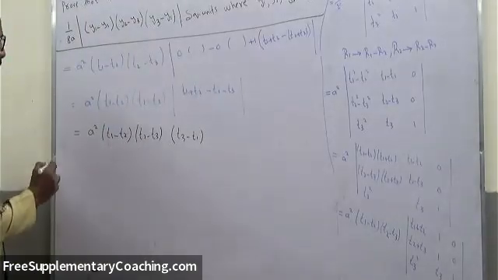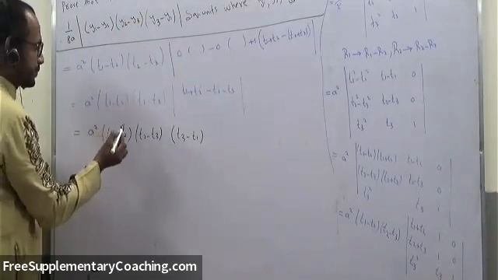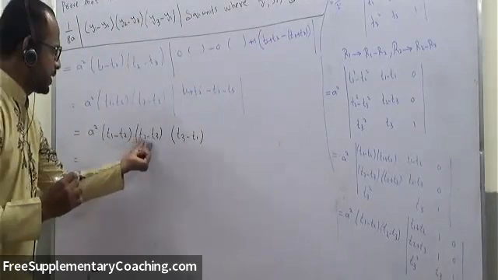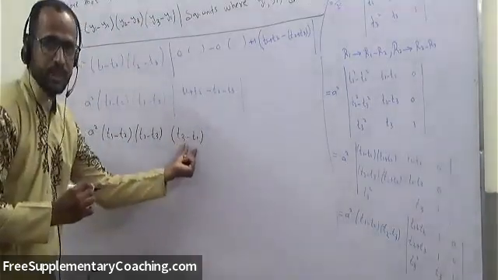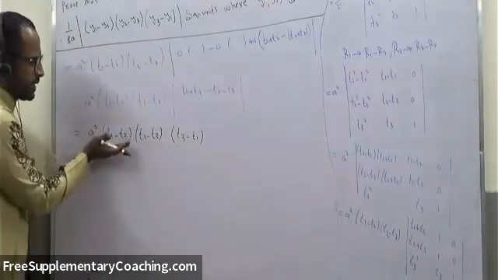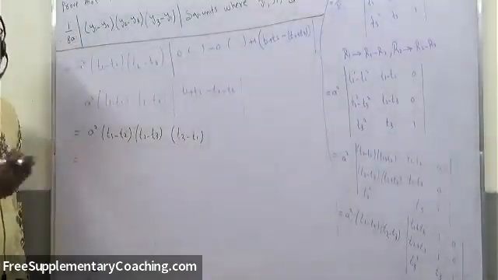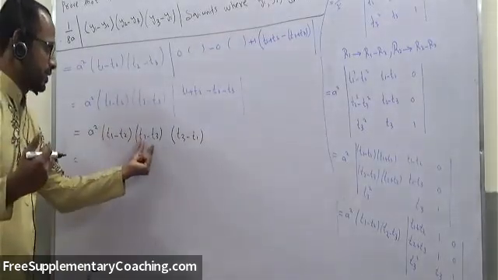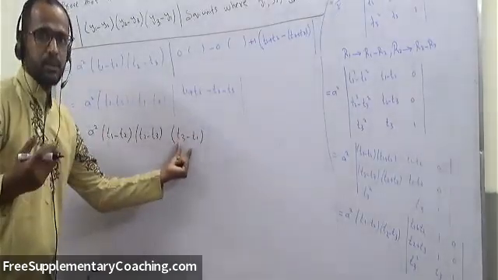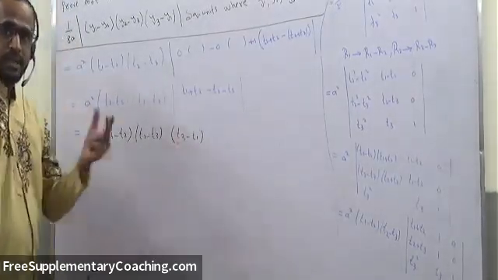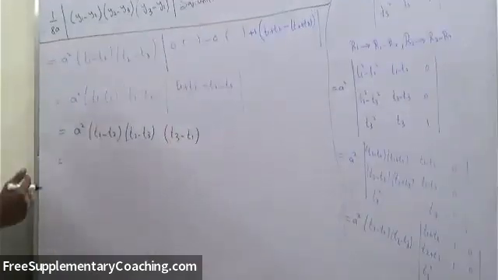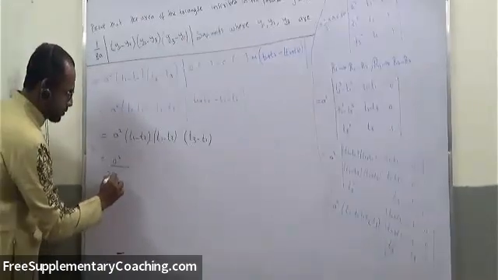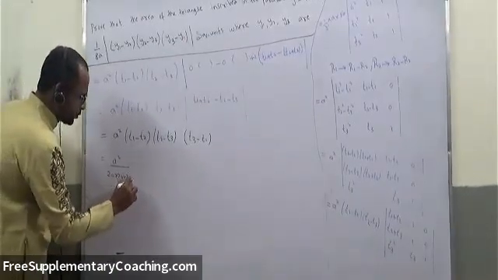See here, this T1 minus T2, T2 minus T3, T3 minus T1. What I'm doing, in each and every step, I'm multiplying with 2a in the numerator: 2a for the first term, 2a for the second term, 2a for the third term. So 3 times I have to multiply, and at the same time I have to divide 3 times. So what I'm getting? A square divided by 2a into 2a into 2a.